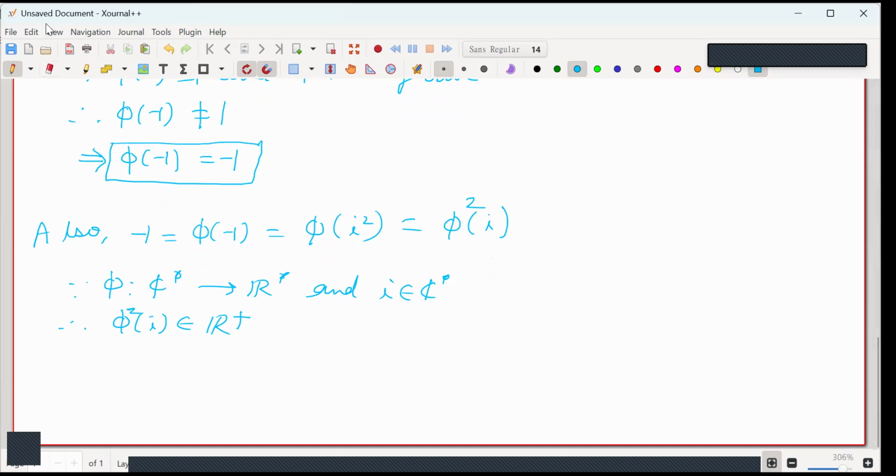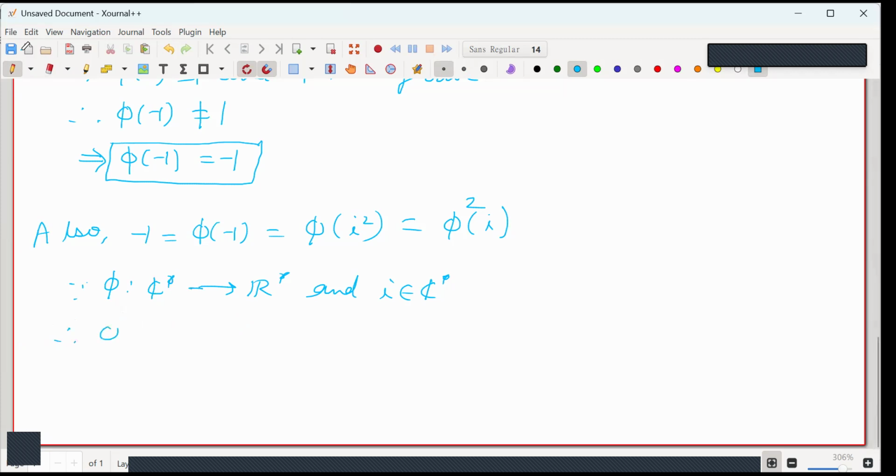So that's what I mean to say. So we start with phi, which is a map from C star to R star, and i is inside C star.